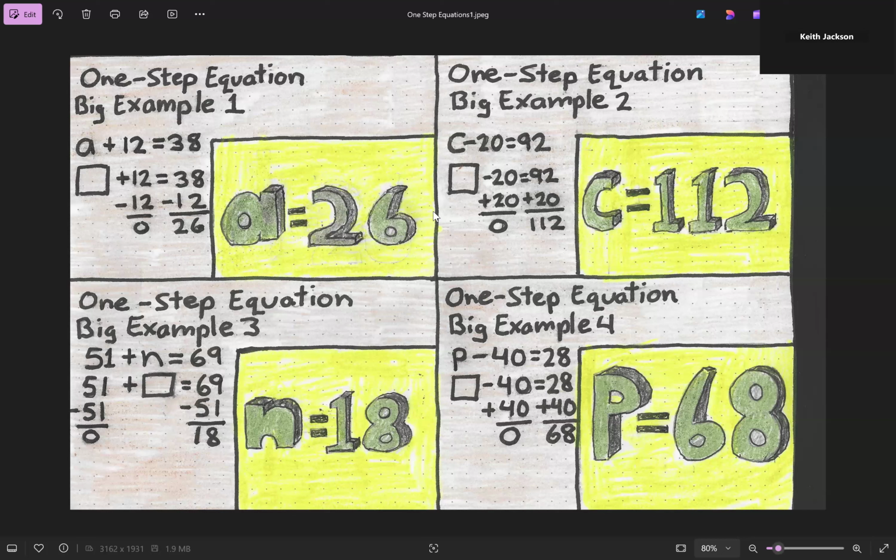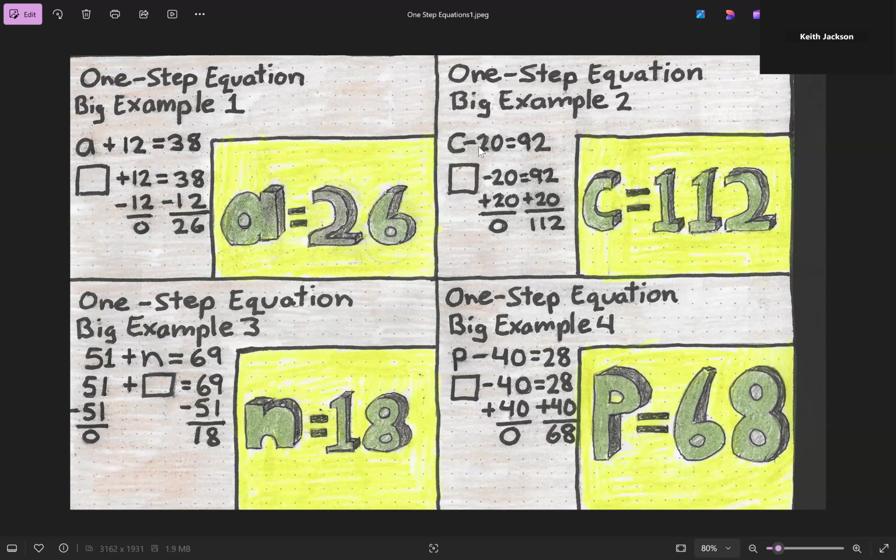Now let's apply that same process to C minus 20 is equal to 92, noticing that C and 20 are on the same side of the equal sign, but 92 is all by itself on the right side. Because C and 20 are on the same side, we're going to work with the number 20.